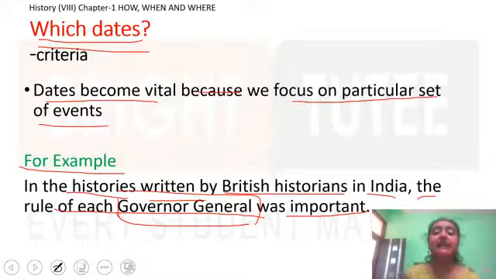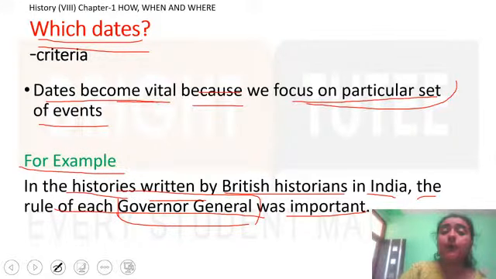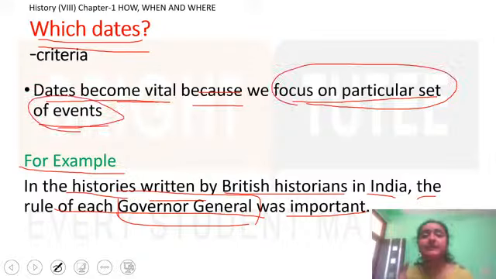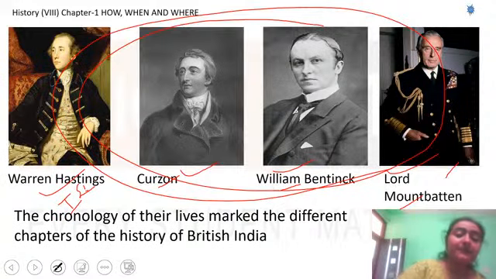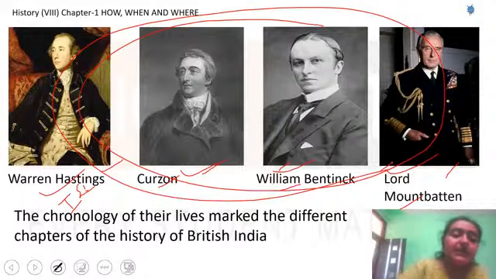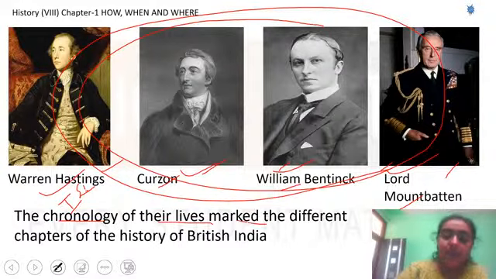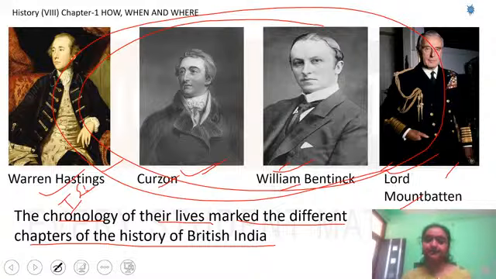In the previous slide, I have told you dates become vital because we focus on a particular set of events. So what is the set of events here? Okay, so the set of events here are the policies and the activities of these governor generals. The chronology of their lives marked the different chapters of the history of British India.